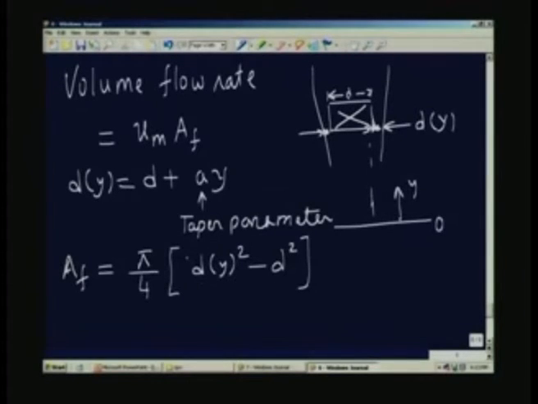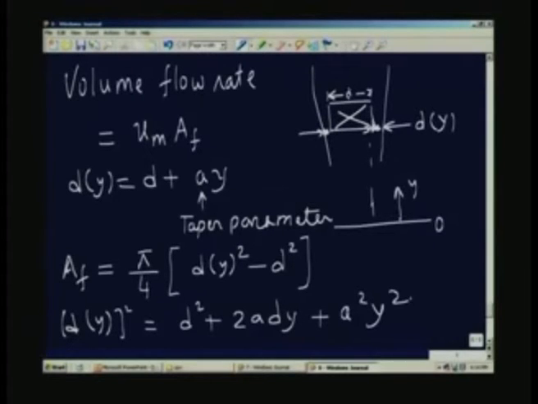D of y whole squared is nothing but D squared plus 2 a D y plus a squared y squared, and I am assuming that a is small, which is small taper. I can ignore this factor as being too small.